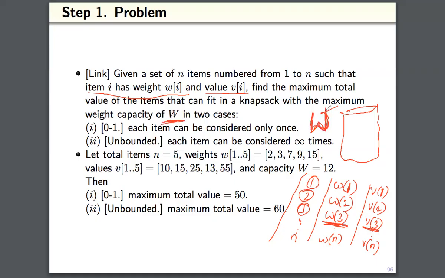So you can add items such that the sum of weights does not exceed capital W, and you want to maximize the total value of all items. That means, think about, say, an airplane that wants to transfer some items.